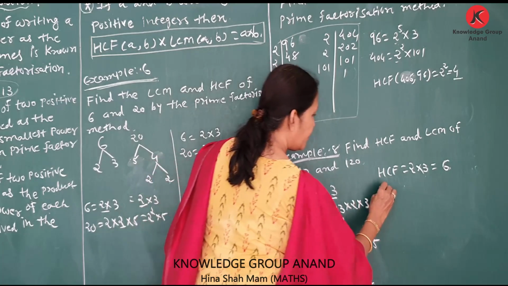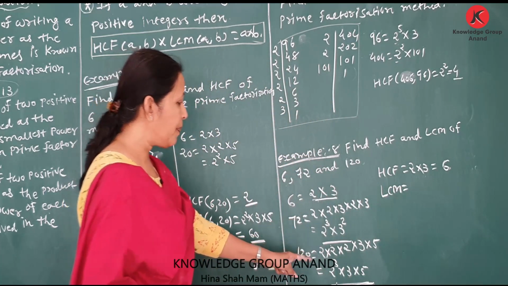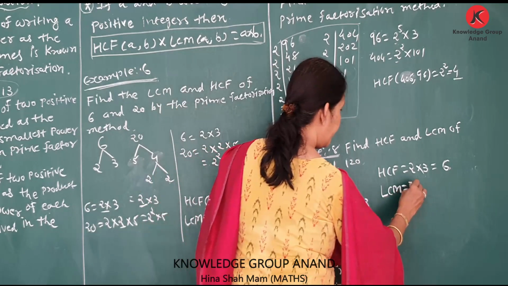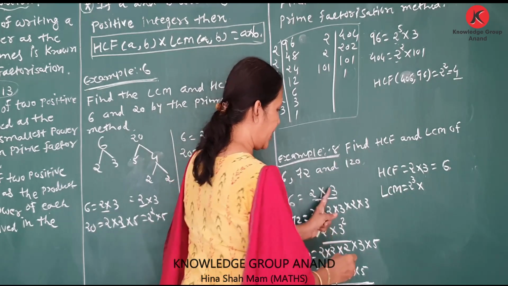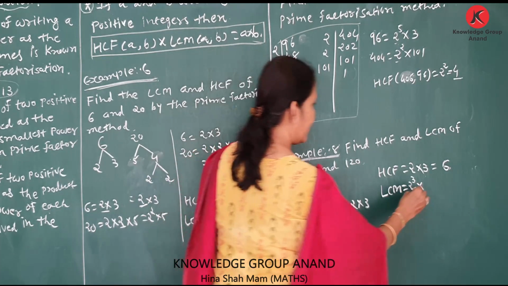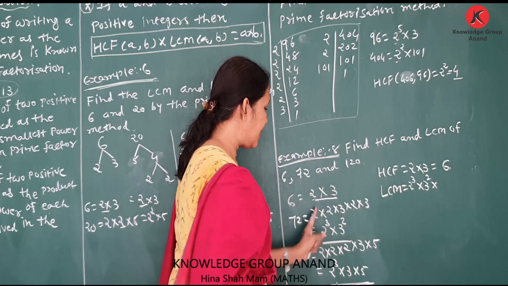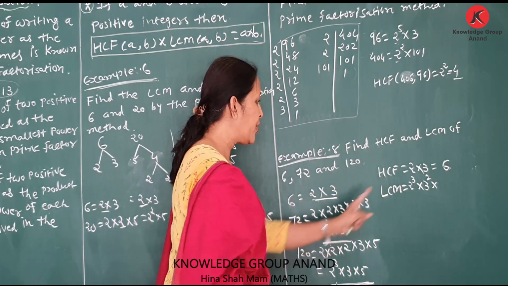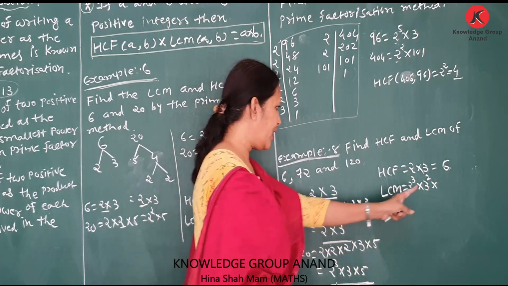And LCM. Write here the greatest power, 2 cube into 3 square and 3. 3 is involved in 3 square. Then we write 3 square. Now 3 is involved in this number, 2 is involved in this number, 2 cube, write 3 square, 2 cube and 3 involved in this.